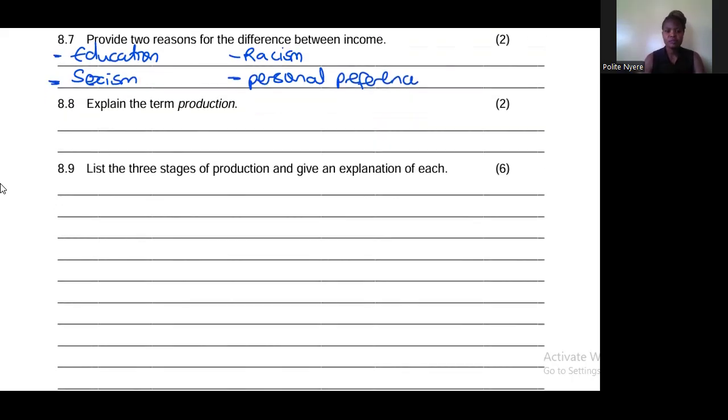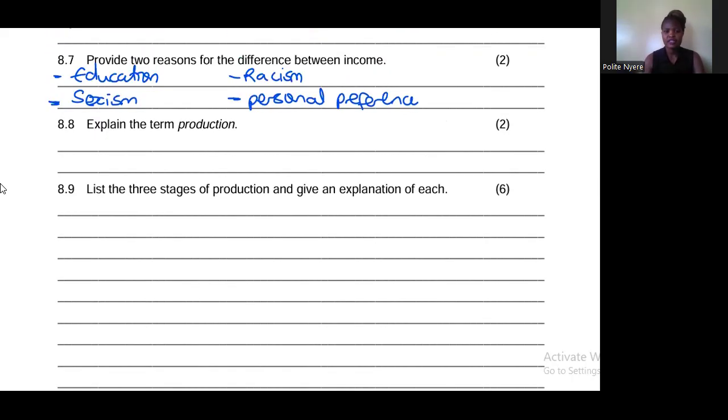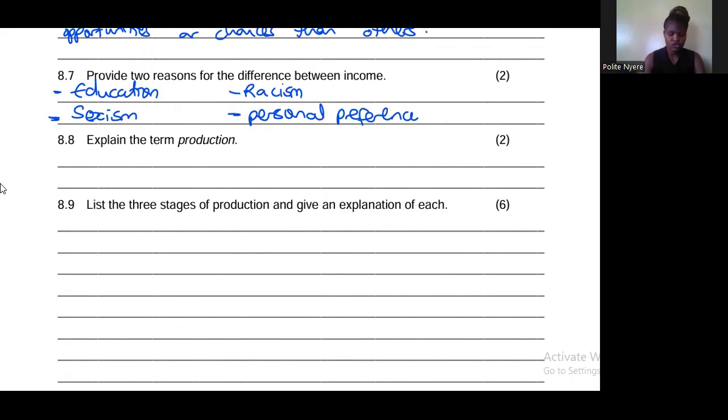Then explain the term production. So what are we talking about when we talk of production?